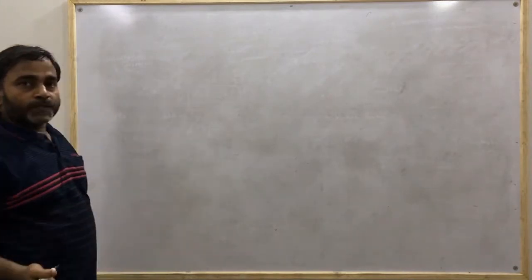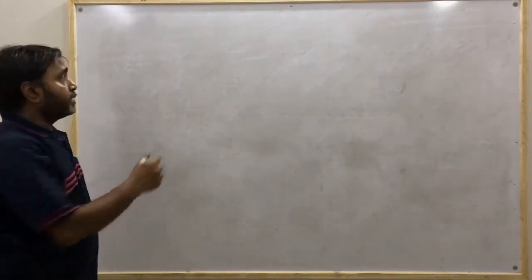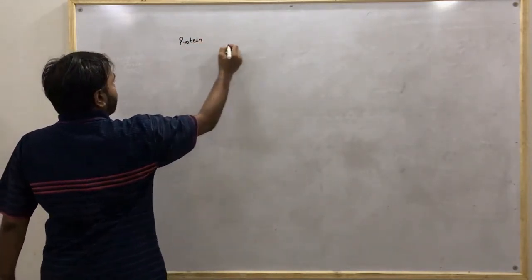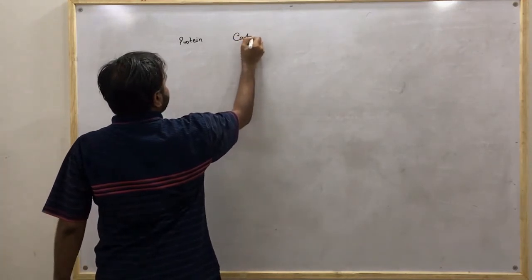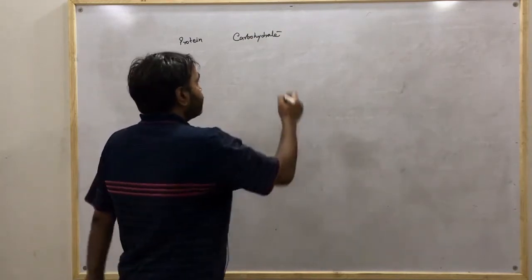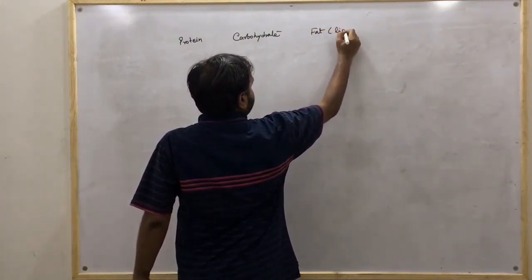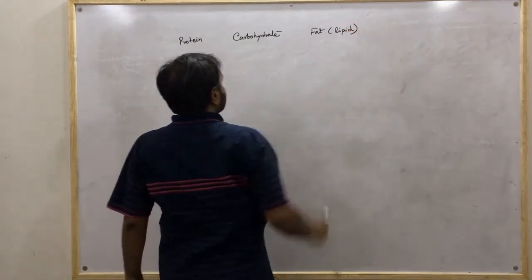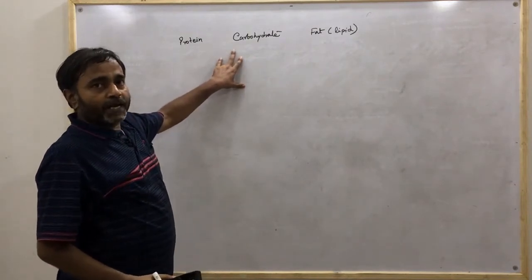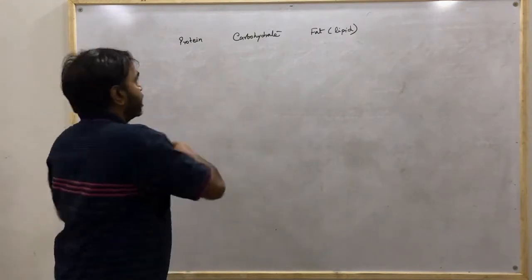As you know, in our diet most of the things present in our food are either protein, carbohydrate, or fat or lipid. These will get assimilated into the blood in their simpler, monomeric forms.